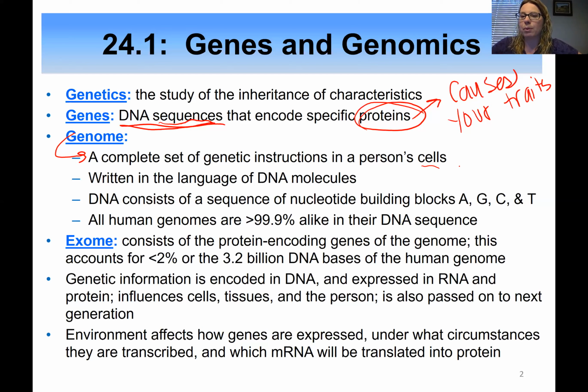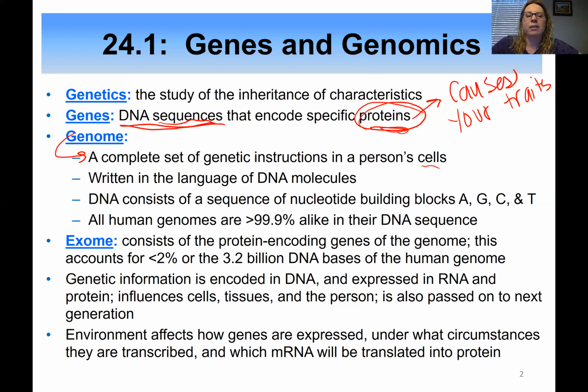So for example, the cells in your eyelash follicles will have instructions for producing saliva. I think that's really interesting. But those instructions are not read and used to make proteins. Obviously, your eyelashes don't make saliva.